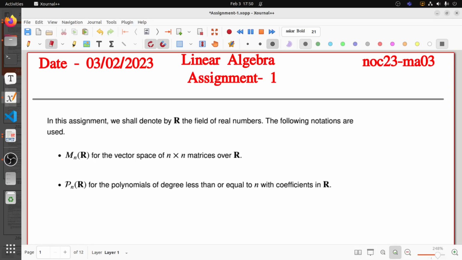So what is the definition of associativity? For u, v and w in V, you have to check whether (u plus v) plus w equals u plus (v plus w) or not. This you have to check. So let's check.